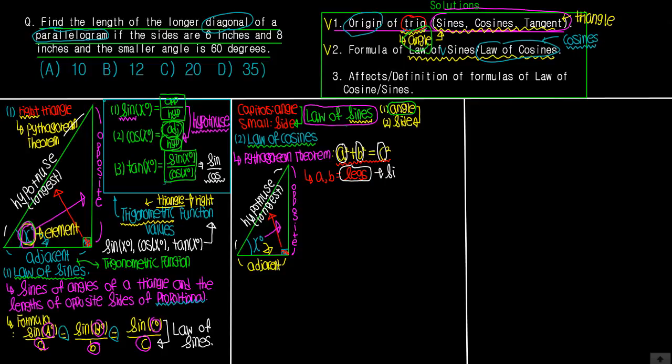They are the sides except for the hypotenuse. And again, what is the hypotenuse? The hypotenuse is the longest side in our trigonometric function problems. So this is what the legs mean. They're the sides except for the hypotenuse.